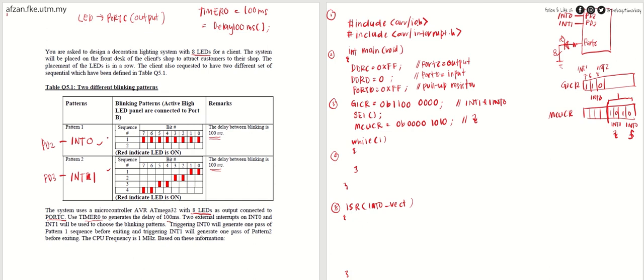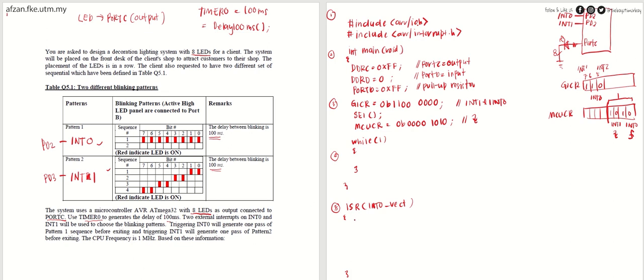Since when the INT0 is invoked or activated, pattern 1 will be displayed on your LED. This is the sequence here: the red color is where your LED is on, while this one is LED off. In the first sequence, all the LEDs are turned on.